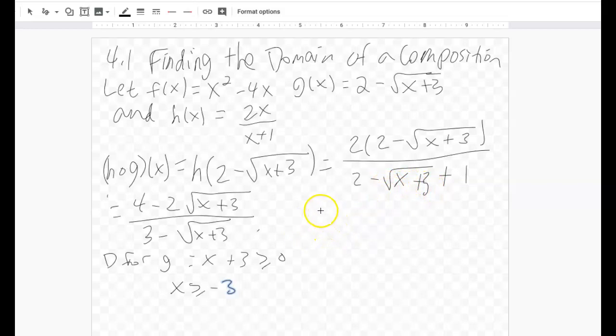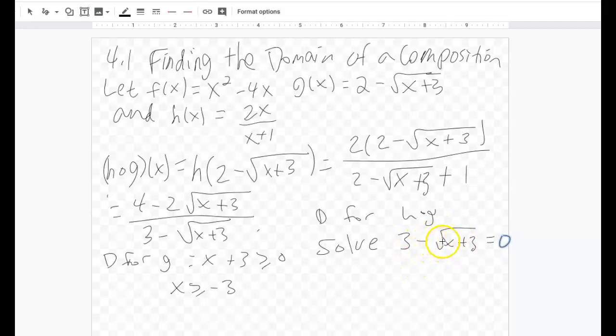So to find the domain for h of g of x, we need to solve when the denominator is equal to 0. So we're going to solve 3 minus the square root of x plus 3 equal to 0.